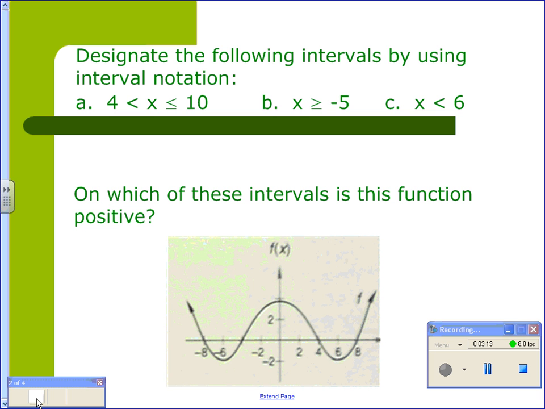All right, so we want to designate the following by using interval notation. It was closed. Yeah.